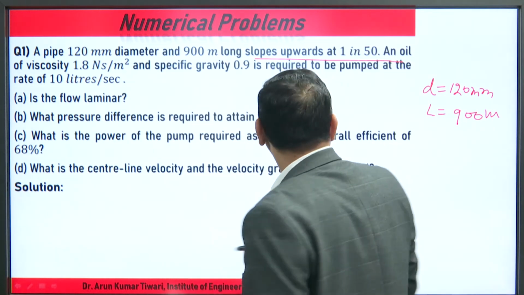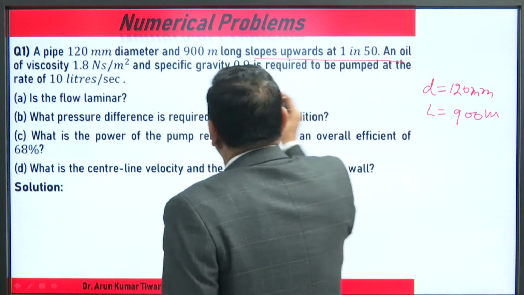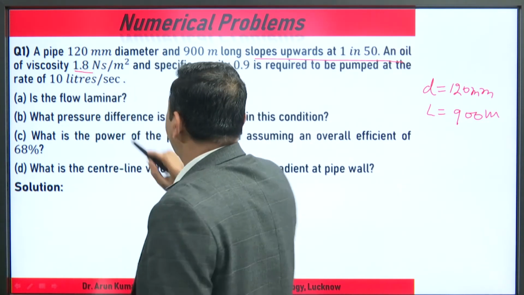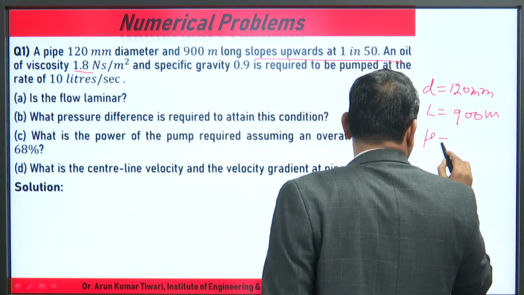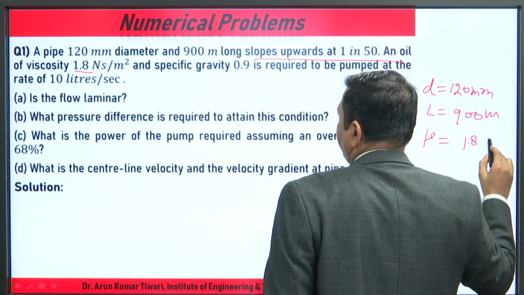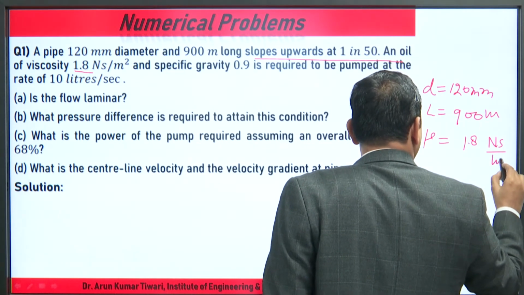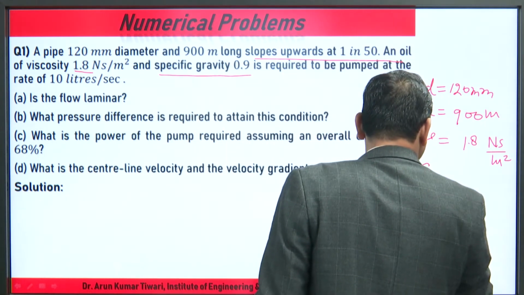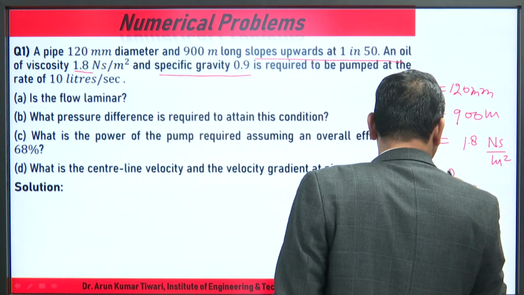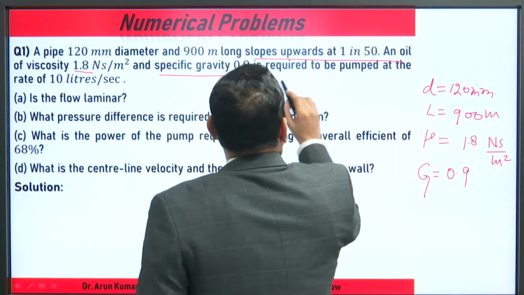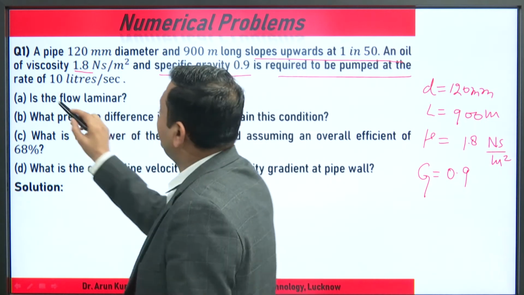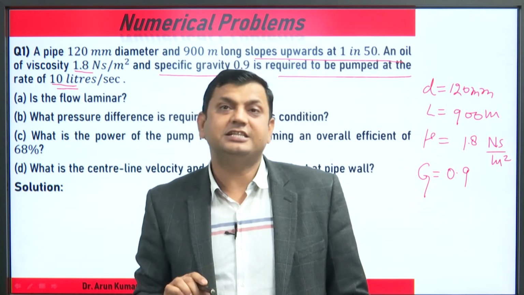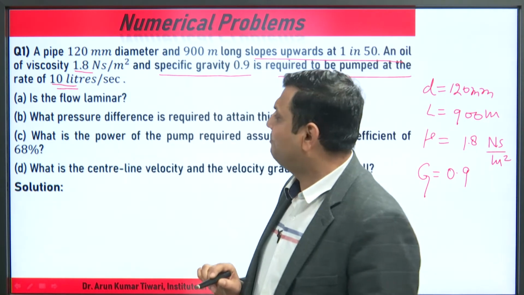The dynamic viscosity mu is 1.8 Newton second per meter square. Specific gravity is 0.9. It is required to be pumped at a rate of 10 liters per second, this is the discharge.